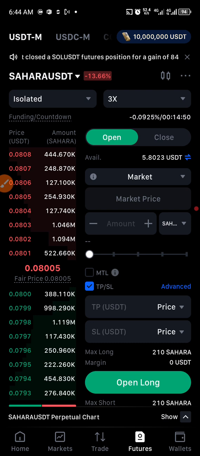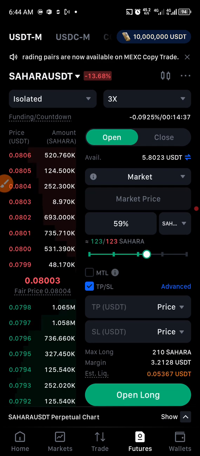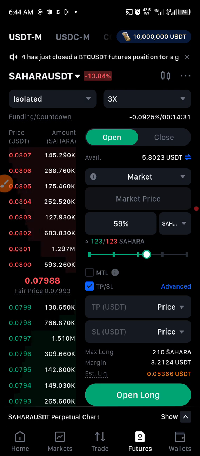If you are trading with USDT, which is your base coin, that is the coin that you have in your wallet, then you'll be trading USDT against some coins. Don't worry, you will soon understand.